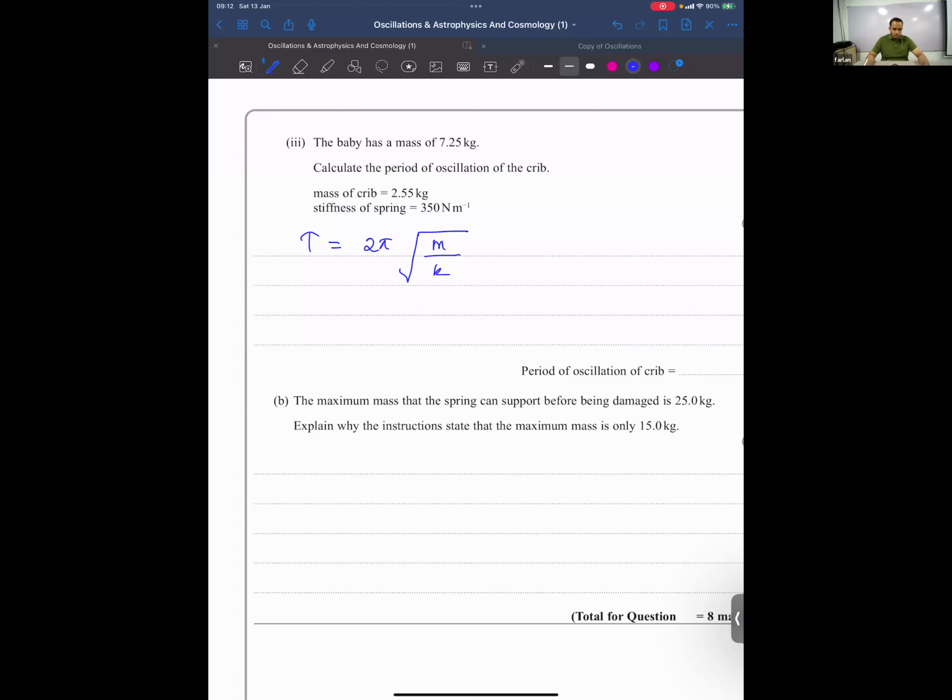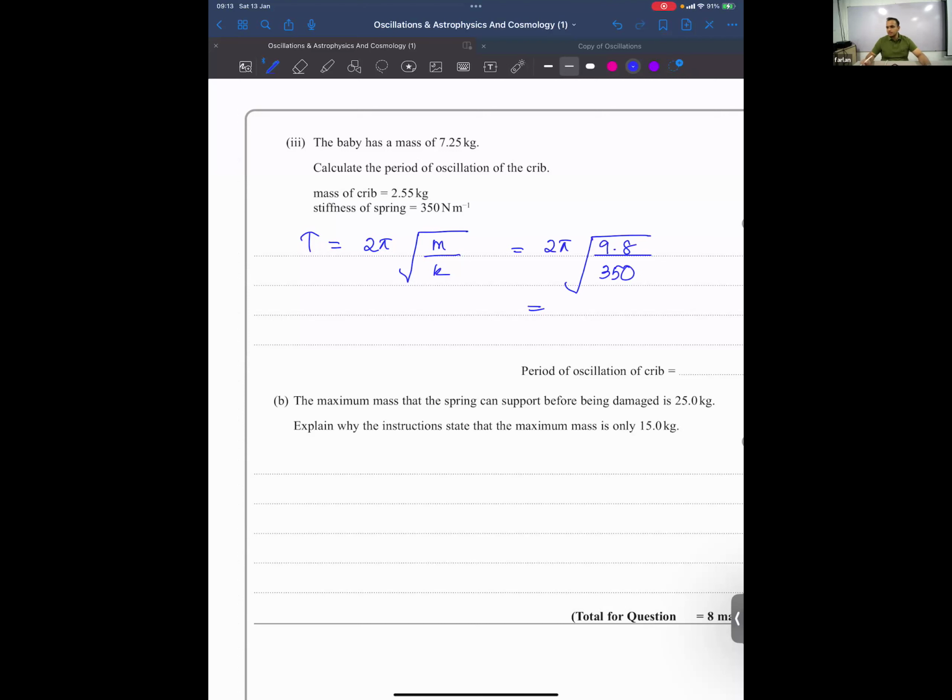Am I right? So 2 pi square root of, now the mass has to be the mass of the crib plus the baby, which is 2.55 plus 7.25, that is 9.8, is the mass, over the stiffness of the spring, they have told to take it as 350.